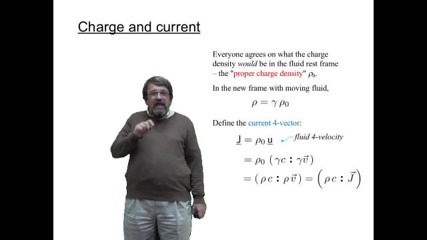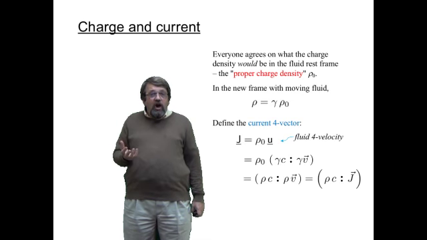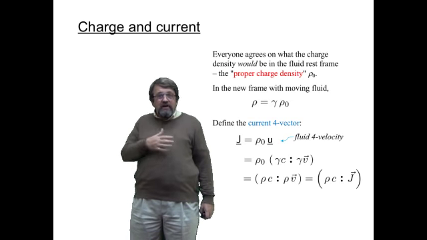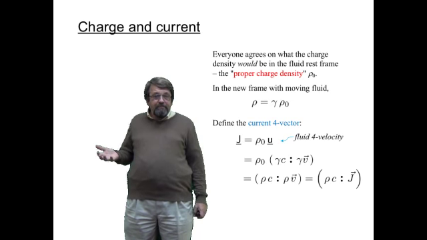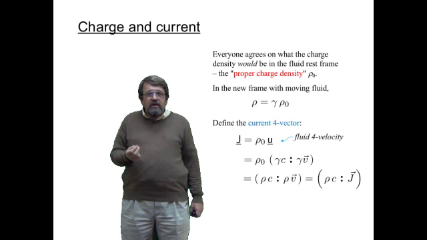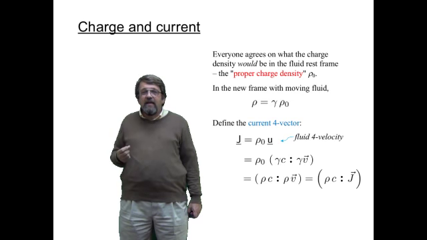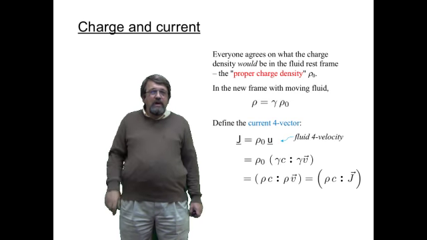When we multiply that out, gamma times rho naught is just equal to rho, the charge density in the frame of reference in which the fluid is moving. And so we have a 4 vector whose time component is rho times c, and whose space part is rho times v. But we know what rho times v is.